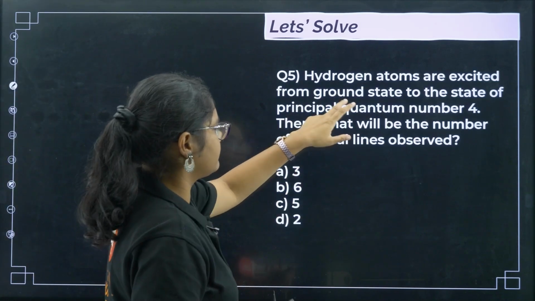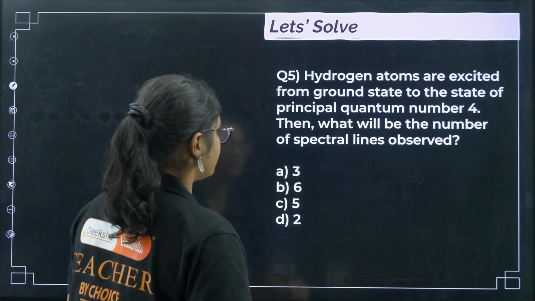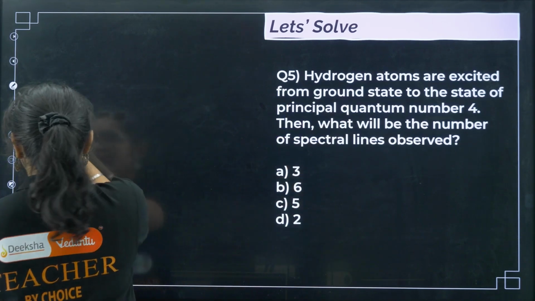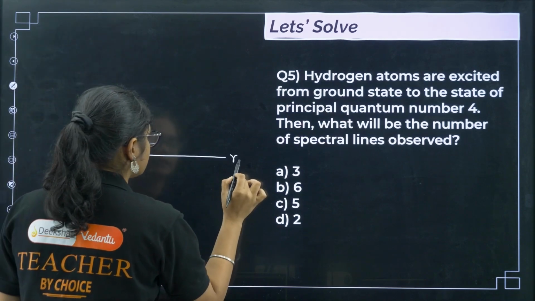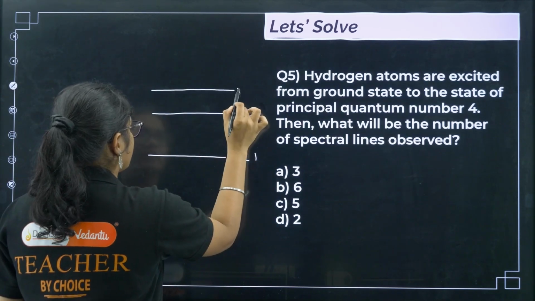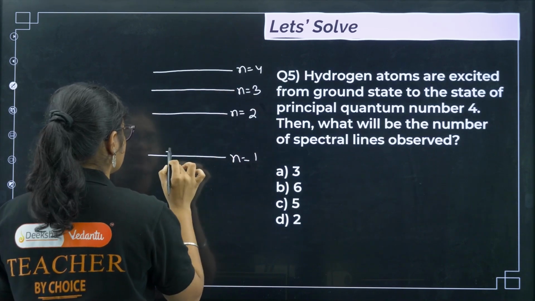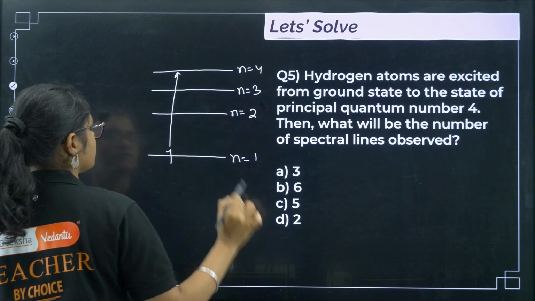hydrogen atoms are excited from ground state to the state of principal quantum number 4, then what will be the number of spectral lines? So we have first level 1, then 2, then 3, and then 4. One electron is excited to the 4th level.